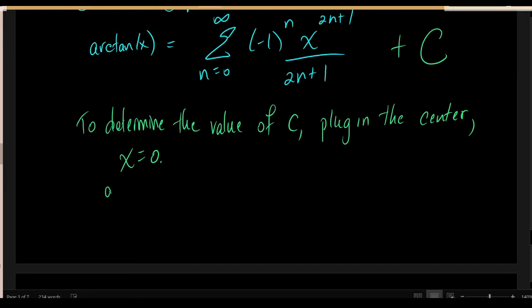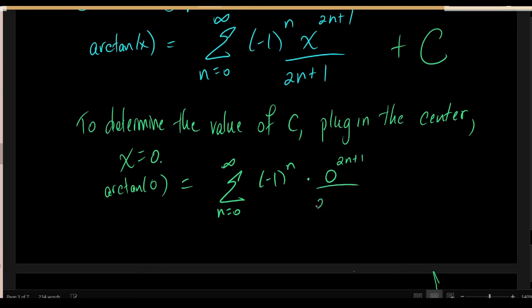On the left side we have arctan of x. But now x is 0, so let's consider arctan of 0. Then we have the sum as n goes from 0 to infinity, negative 1 to the n times 0 to the power 2n plus 1 divided by 2n plus 1.